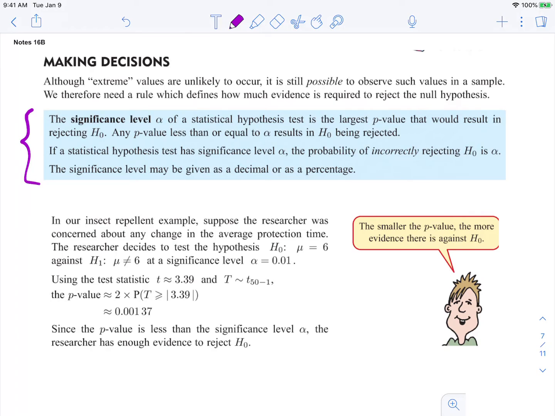The significance level alpha, that's a Greek letter, of a statistical hypothesis test is the largest p-value that will result in rejecting the null hypothesis.